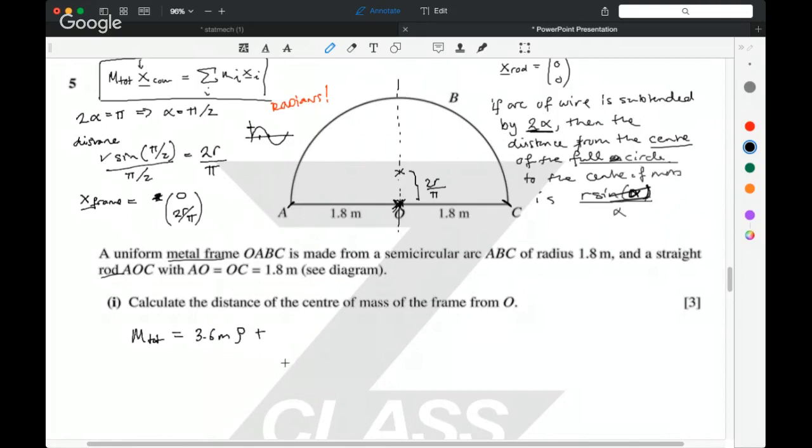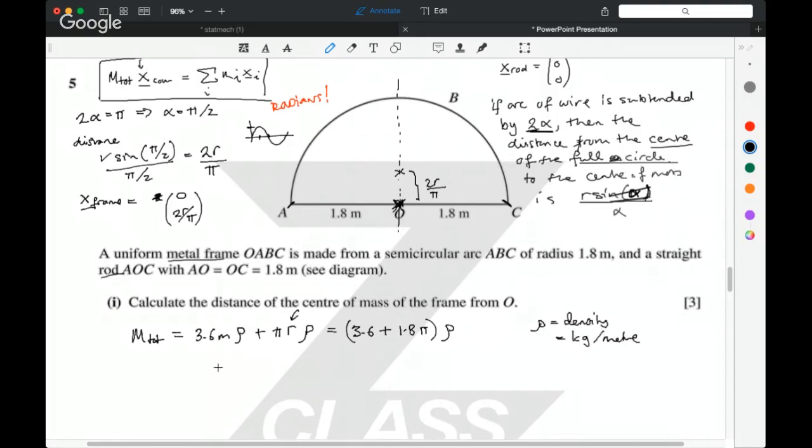That's half the circumference of the circle, so pi r times the density rho, and r is just 1.8. So this is 3.6 plus 1.8 pi, times rho. Remember, rho is density, in kilograms per meter.